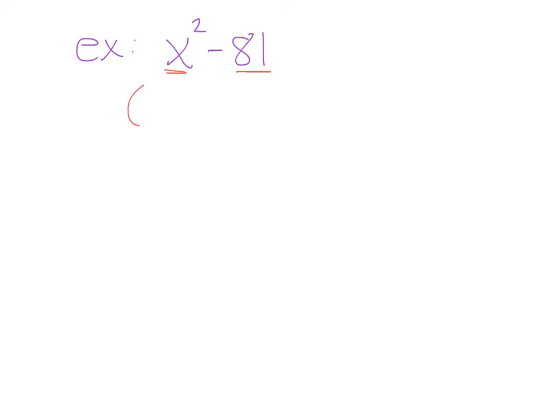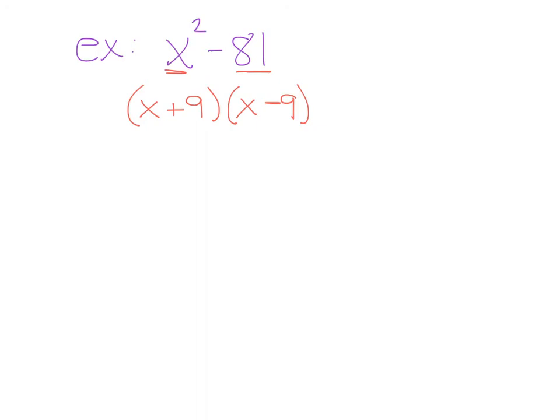So this breaks into x plus 9 times x minus 9. It doesn't matter if the plus or the minus comes first. You can always double check by making your little box, and you'll see that the middle term cancels out because we've got plus 9x and minus 9x. It's that difference of perfect squares.